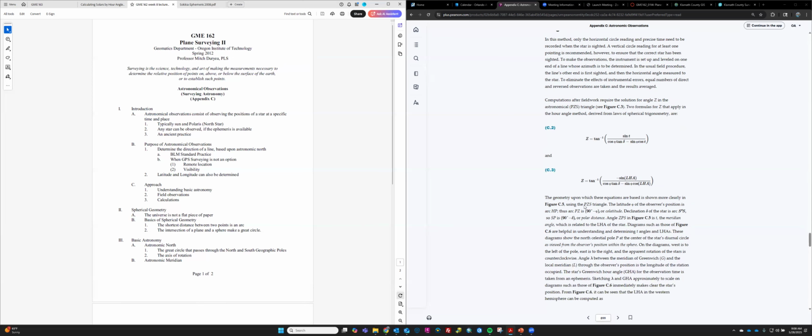And then we also have Z equals the tangent inverse of negative sine of the local hour angle over cosine of the latitude times tangent of the declination minus the sine of the latitude times cosine of the local hour angle.